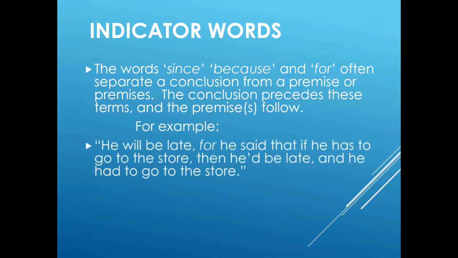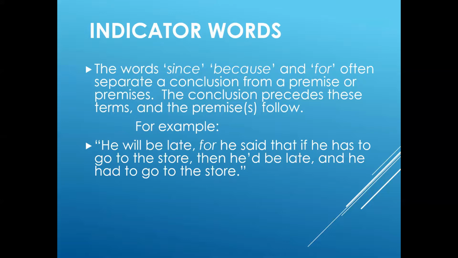So for example, if somebody was at a meeting and it's about time to start and somebody asked, is John coming? And somebody says, well, he will be late, for he said that if he has to go to the store, then he'd be late, and he has to go to the store. This is an argument.